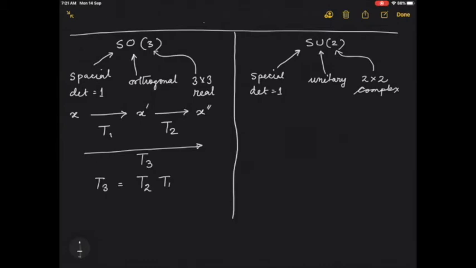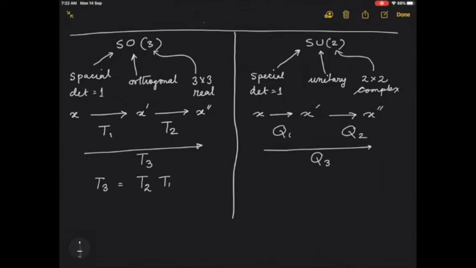Here, let's see what happens in the case of SU2. So again, I am dealing with the transformation x to x double prime, x to x prime and x prime to x double prime. The transformation from x to x prime is, say, Q1, and x prime to x double prime is, say, Q2, and directly from x to x double prime is, say, Q3. Okay.